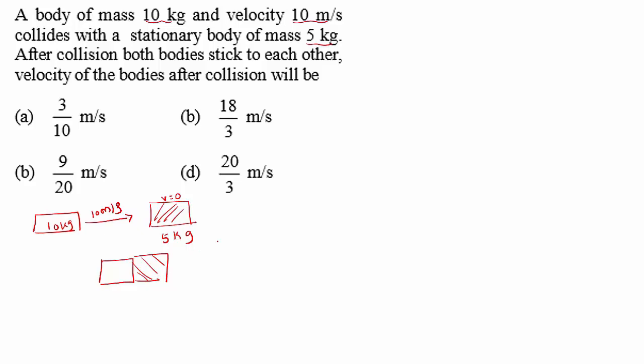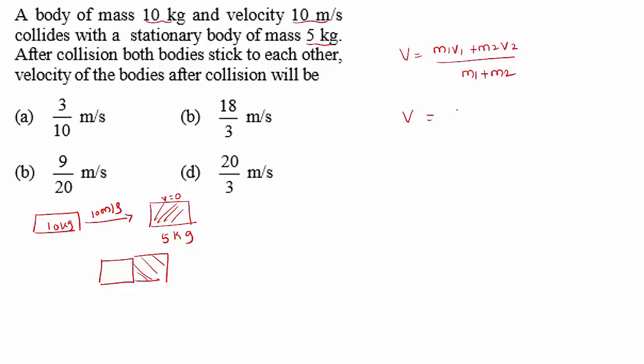For the velocity after collision, I am going to use the equation V equal to (m1 v1 plus m2 v2) divided by (m1 plus m2). You studied the center of mass for two particles of a system. Similarly, we can write this modified equation for velocity after collision.